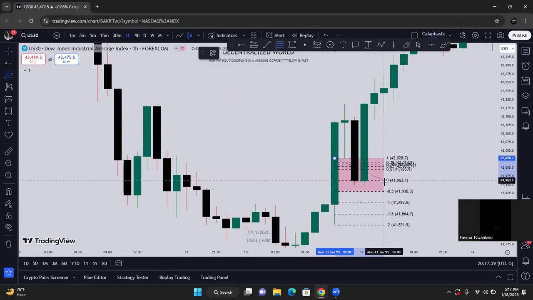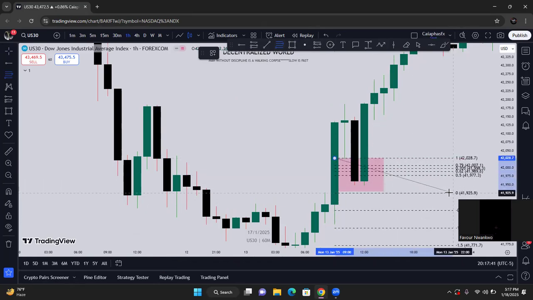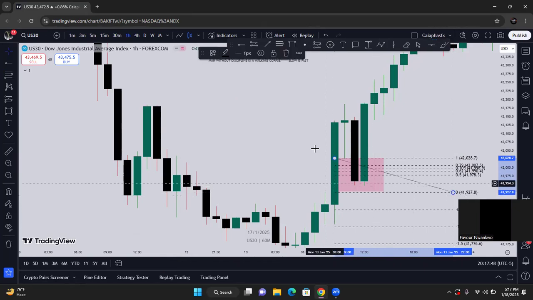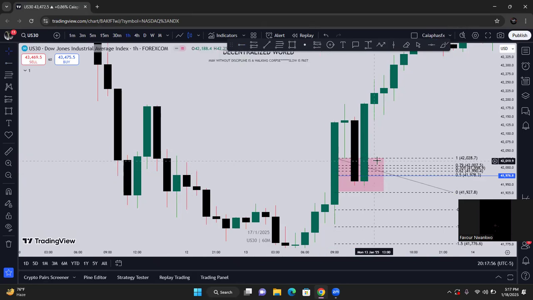I used a Fibonacci to measure the fair value gap so that I'll know where to take my entry. My entry was at the 50% of that fair value gap.